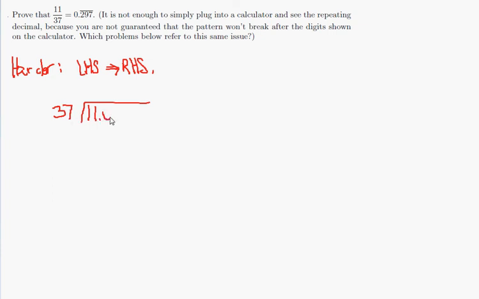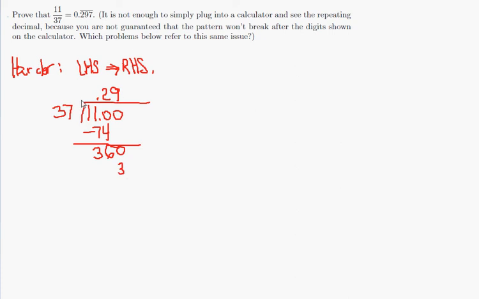So 0.0, well, let's see, we know what the answer is going to be. 2, carry the 7, so 74. Subtracting, we get 3. Then bring the next 0 down. We know it's going to be 9 here. 9 times 7 is 63.